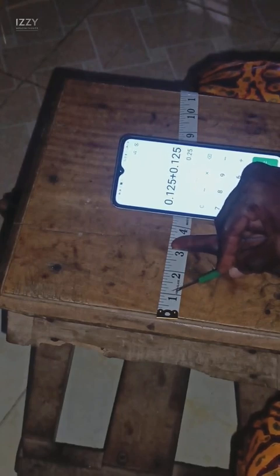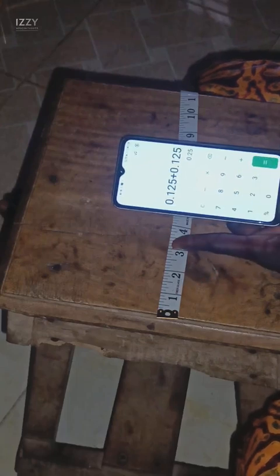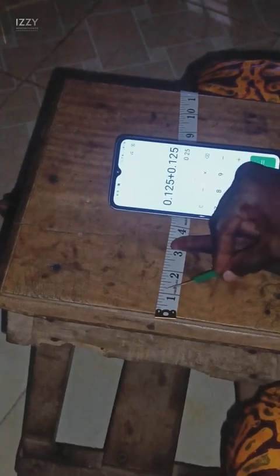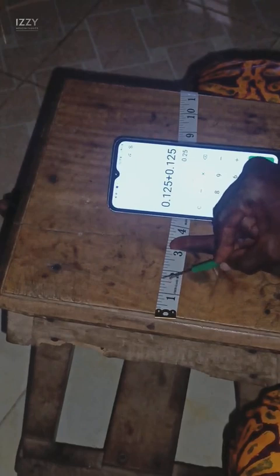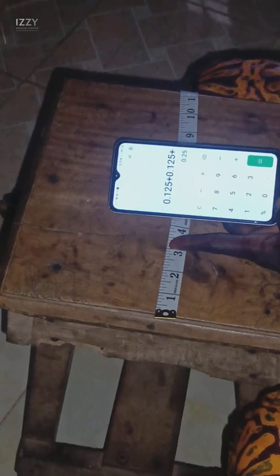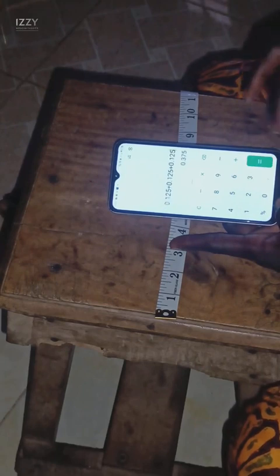Some people will call it 1.25, but in cutting, what we are familiar with is that I just call it 1 to quarter. So once I use the word 1 to quarter, you should know that this is what we are referring to. To get the value for this one, add that same 0.125.